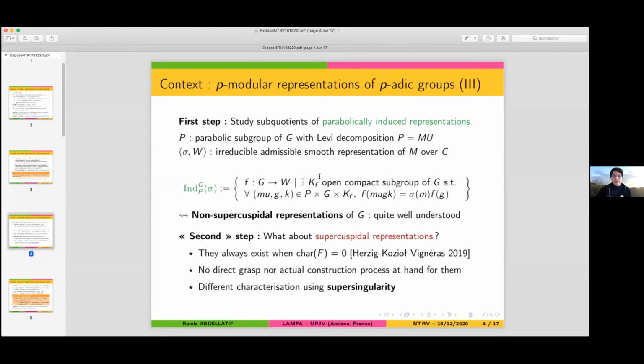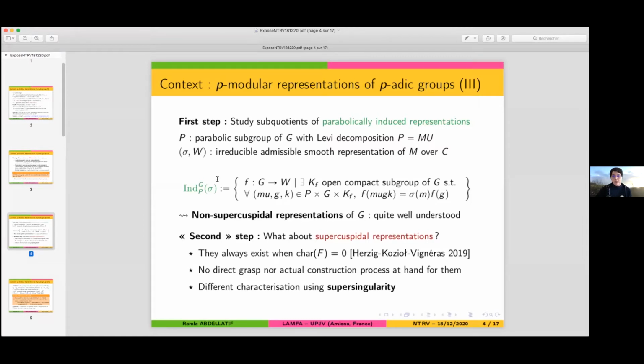And what you call non-supercuspidal representations are irreducible subquotients of such parabolically induced representations for a proper parabolic subgroup, okay? And that's quite well understood. For instance, when G is split, Marie-France Vignéras in 2008 explained how you can have a filtration, as a P-representation, of such parabolically induced representations.